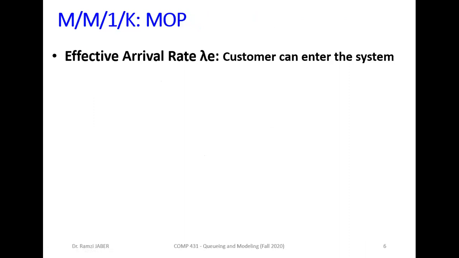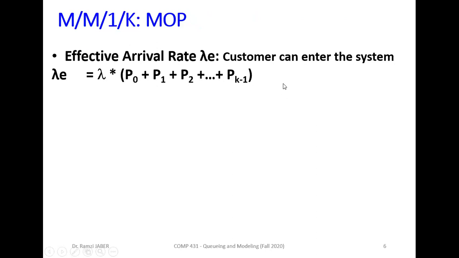The new metrics here: we have the effective arrival rate, lambda E, lambda effective, for customers who can enter the system. So lambda E equals lambda times all the probabilities from P0 to P(K minus 1).